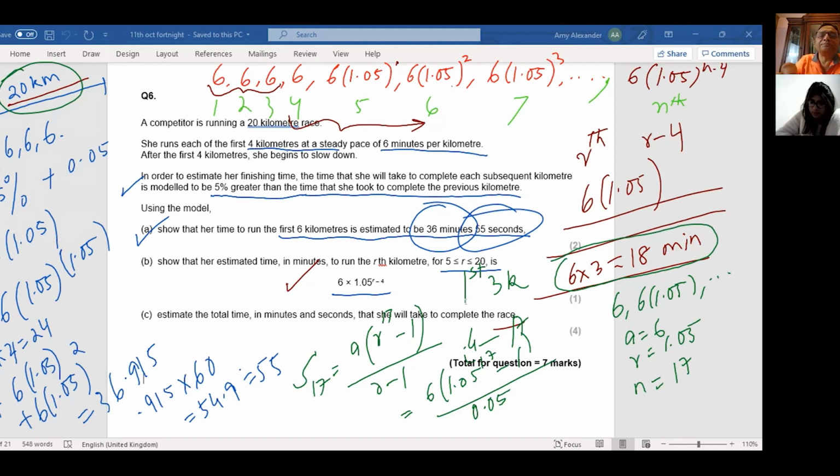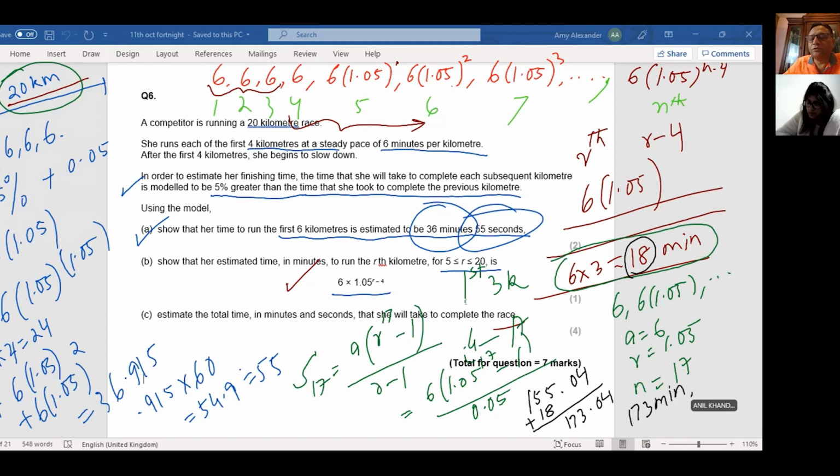What do you get? 155.042. Okay, you have to add 18 minutes to this, correct? So how much do you get? 173.04. And 0.04 multiplied by 60? So 173 minutes.